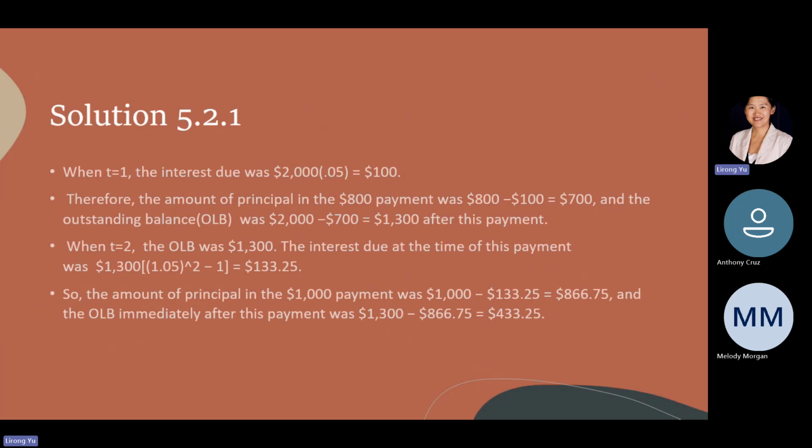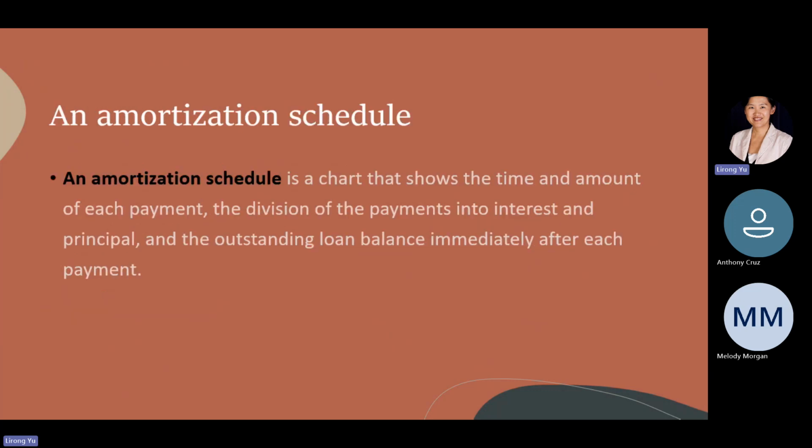This is the calculation at different time points: what the outstanding balance was and what interest was paid. You end up with something called an amortization schedule, a chart showing the time, the payment, the division of the payment into interest and principal, and also the outstanding balance.